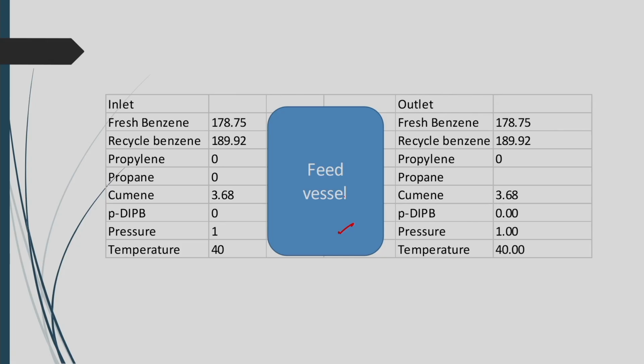So, in that case, if we consider the feed vessel, the fresh benzene coming is 178.75, whereas the recycled benzene coming from the distillation column is 189.92 as per the balance equation. The details of that balance equation and the calculation are given in our previous lecture. So, we are not actually considering those details here again. We are just summarizing for this feed vessel the inlet and outlet, what will be the composition of different compounds there.